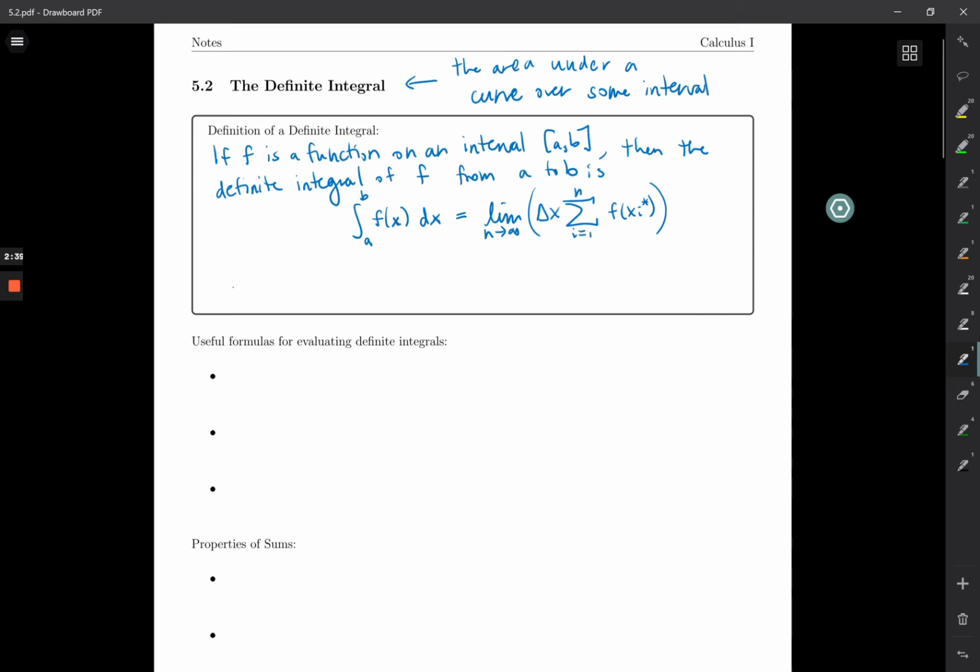Notice, we're taking a limit as n goes to infinity, and the place where n shows up is up here. It's actually also wrapped up in this notation here, the x_i stars, because of what a Riemann sum is. So f of x_i star does depend on n, even though it's not immediately obvious from the notation.